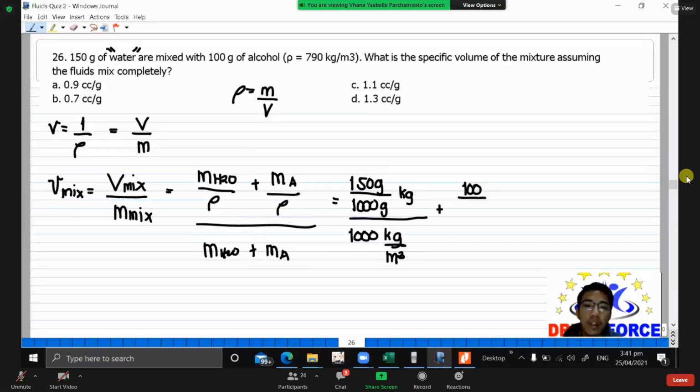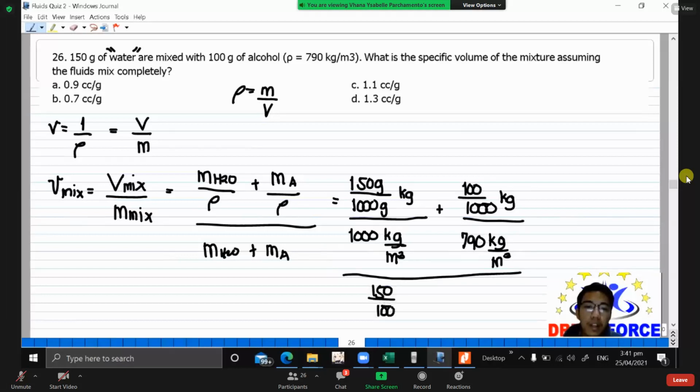Plus mass ng alcohol, we have 100 over 1,000 para maging kilograms. Okay, divided by yung density ng alcohol, 790 kilograms per cubic meter. Okay, divided by yung total mass nilang dalawa, ito pa rin sila, 150 over 1,000, that is in kilograms, plus 100 over 1,000.